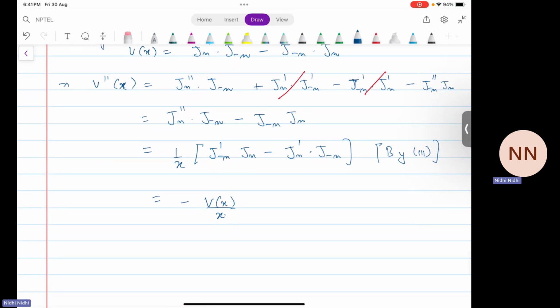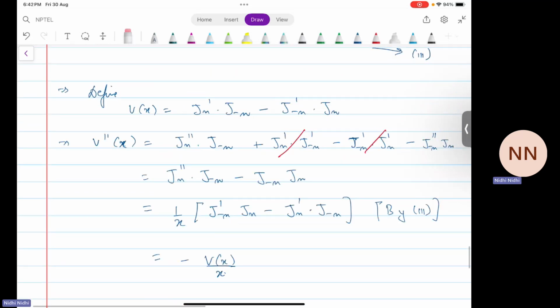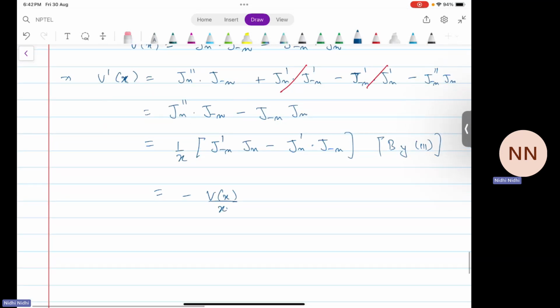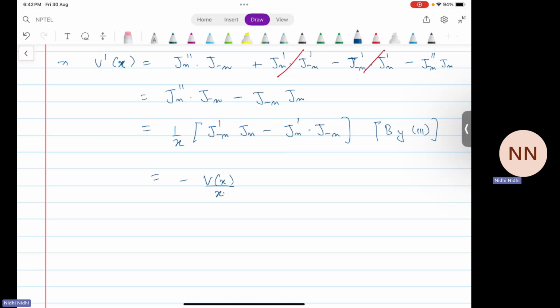So we have not a double derivative, just one derivative. We have a differential equation with dependent variable v. We have dv/dx is equal to minus v/x, which is basically dv/v is equal to minus dx/x.